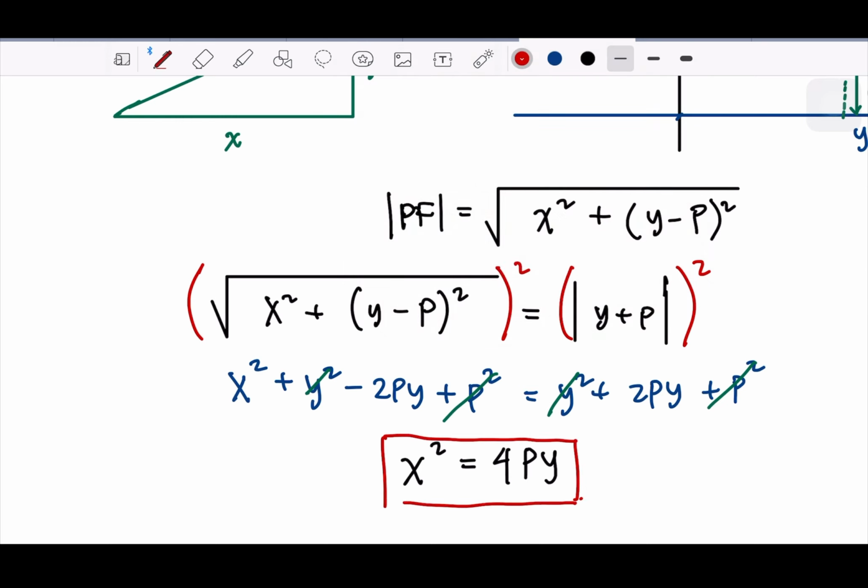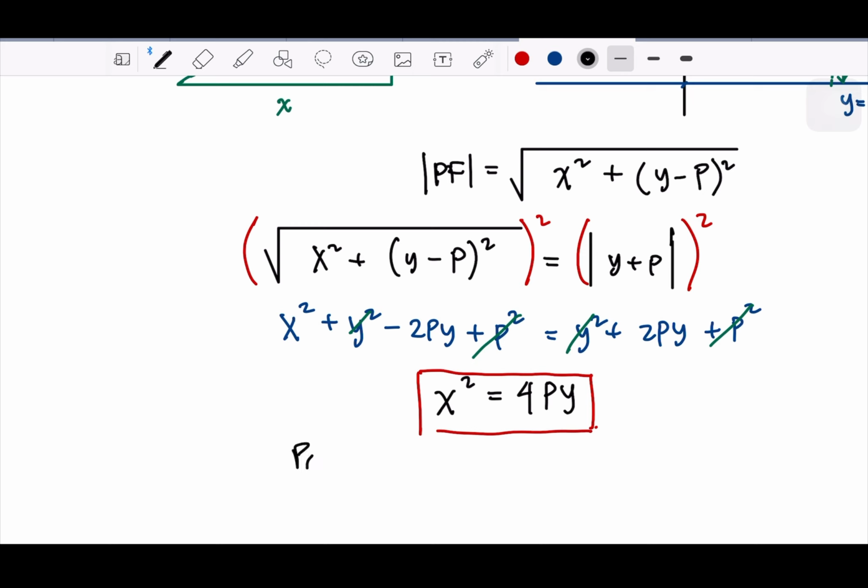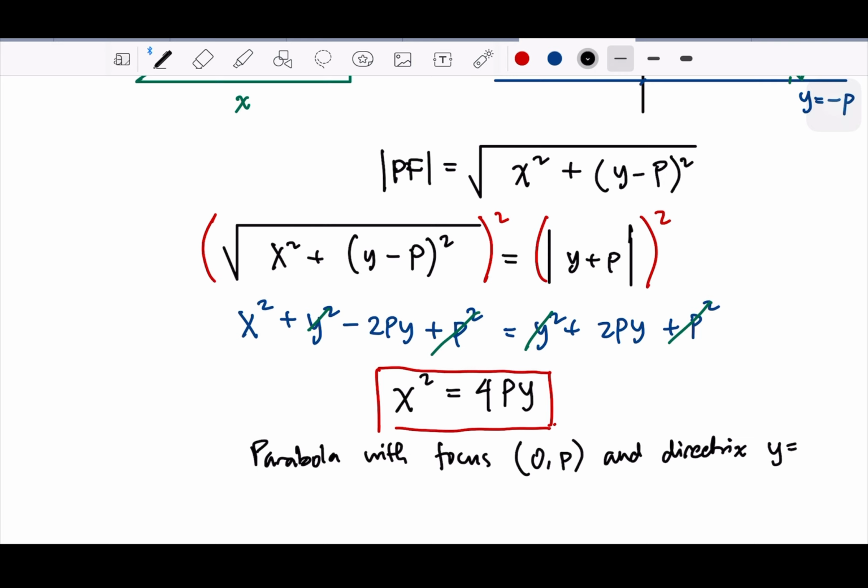So we call this a parabola with focus (0, p) and directrix y equals negative p.